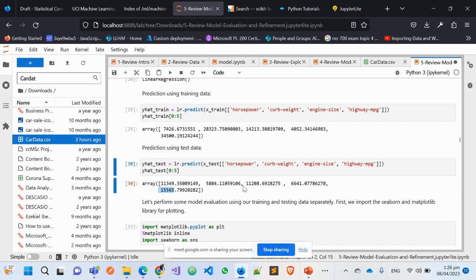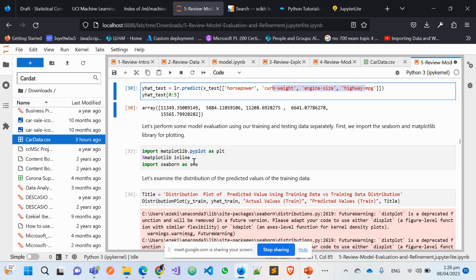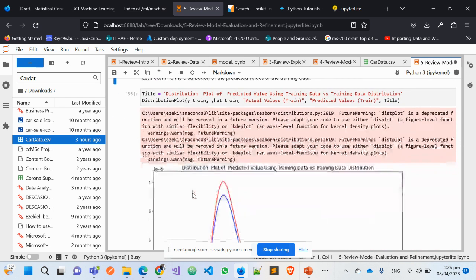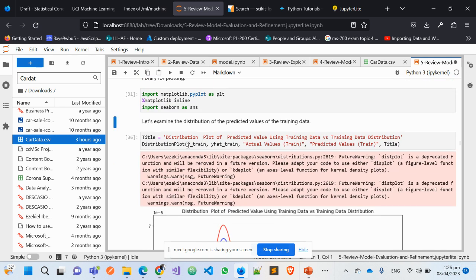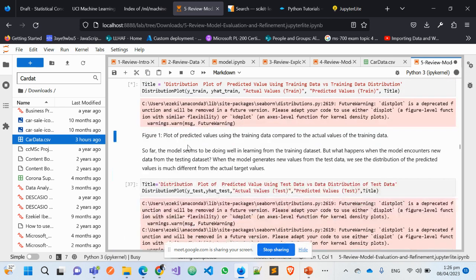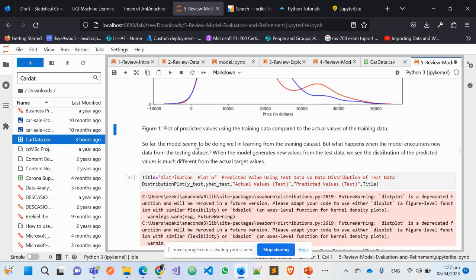From the look of things, we see that horsepower and the other three attributes are giving close range predictions. With the distribution plot function that we did initially, we are trying to ascertain how the data is distributed across the board.